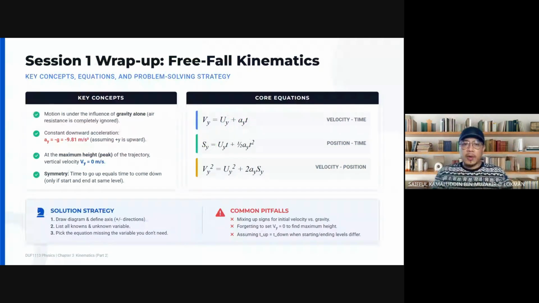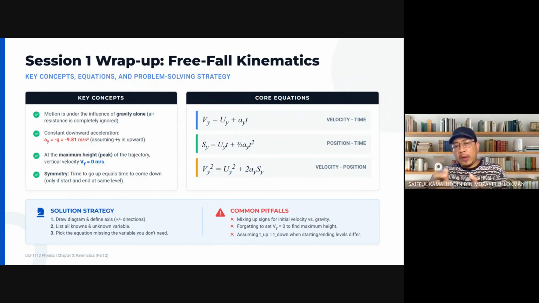It involves only the Y-axis. From the Cartesian coordinate, Y-axis is like this, and X-axis is like this. So for free fall, we only involve the component in the Y-axis. It goes up and it goes down. So that's why we are using the Vy, Uy, Ay, and also Sy. Whether they are negative or positive, going upward positive, going downward negative. That's all. Right.